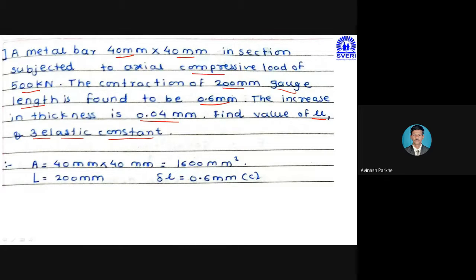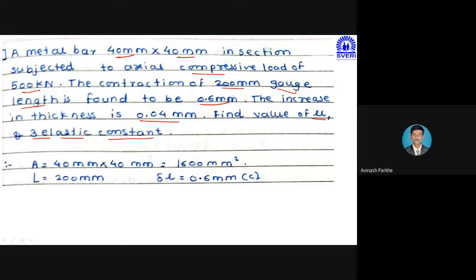Means we have to calculate E, G, and K. In addition to that, we have to calculate this mu also. Now please tell me, 40 mm by 40 mm means which dimensions are given?